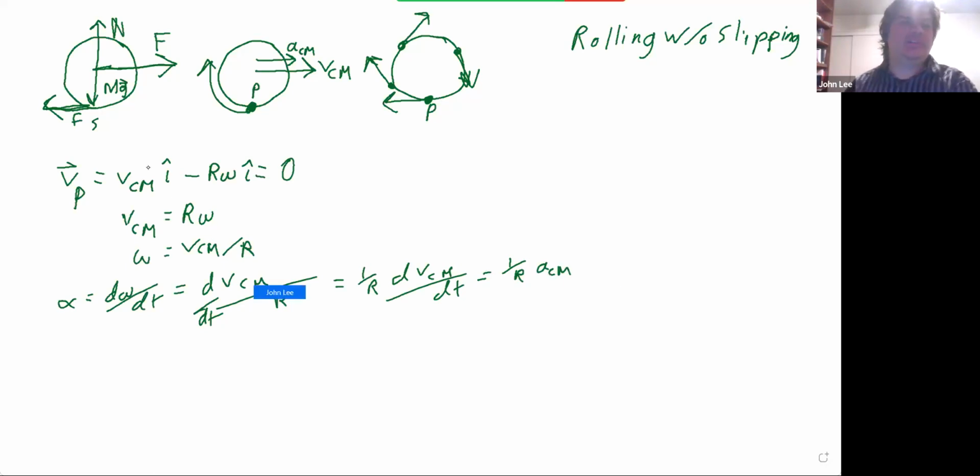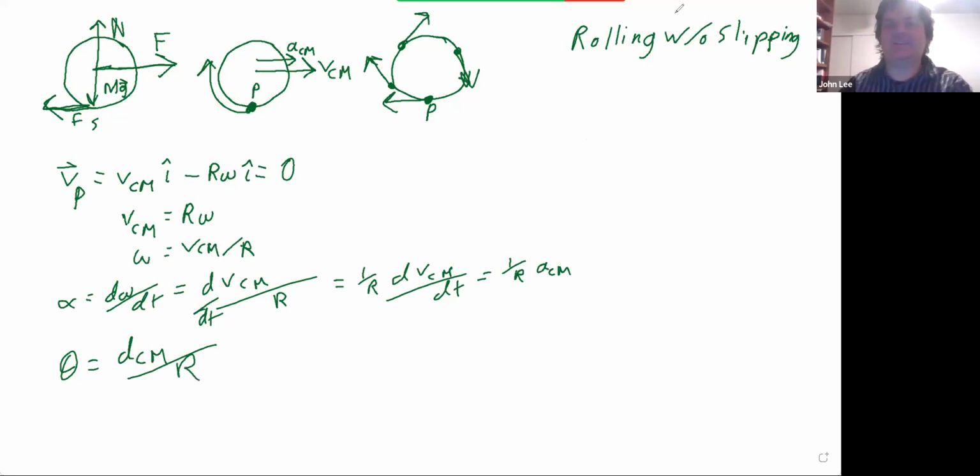And similarly, you do the same thing in reverse to find theta is equal to the distance covered by the center of mass divided by R.